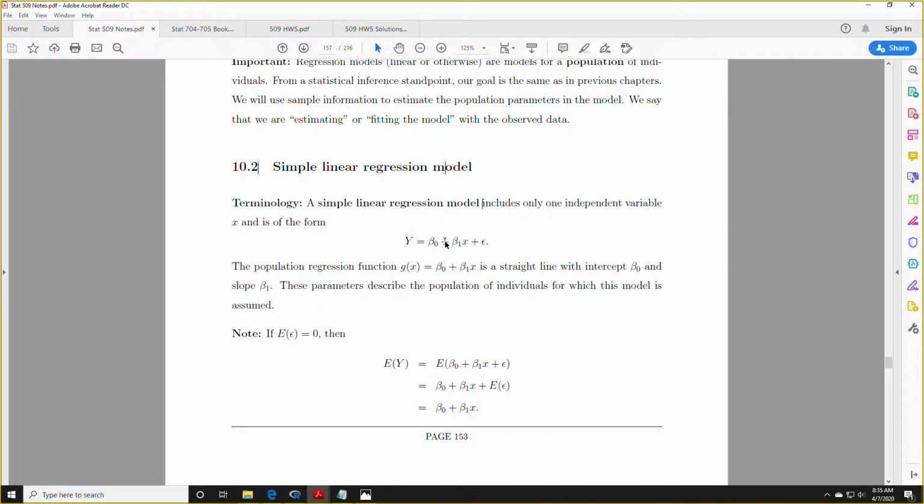So the goal is, using information from the predictor variable, can we gain information about the response variable? Specifically, we would like to fit a straight line. And of course, epsilon was our random error term, which takes into account the fact that there's not a perfect relationship between y and x, but hopefully there is a linear relationship of this form.